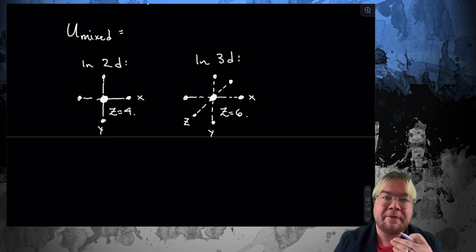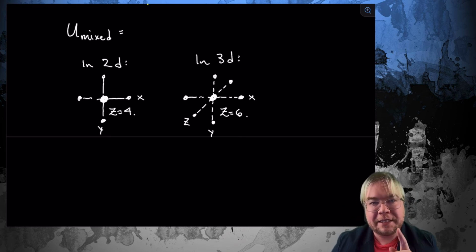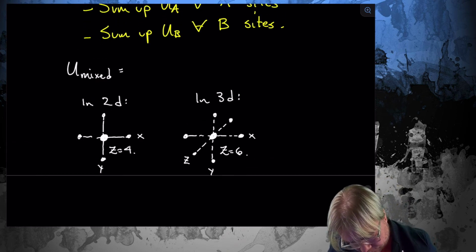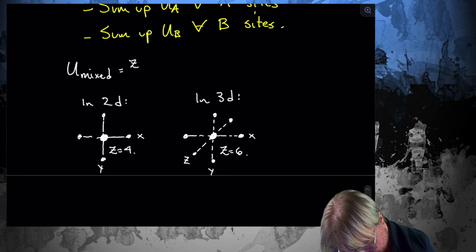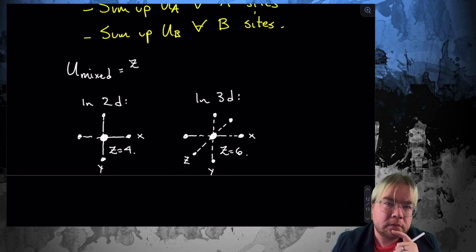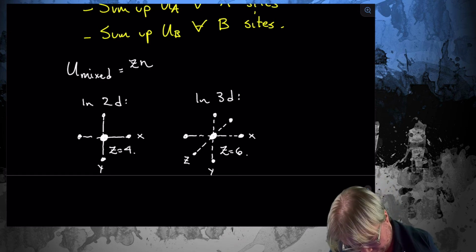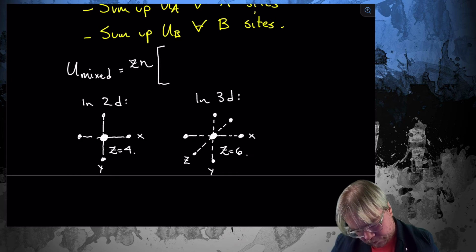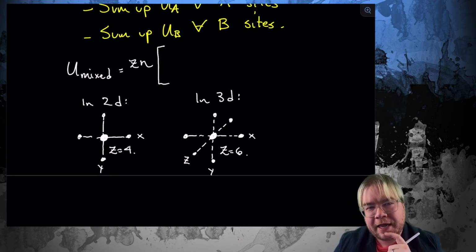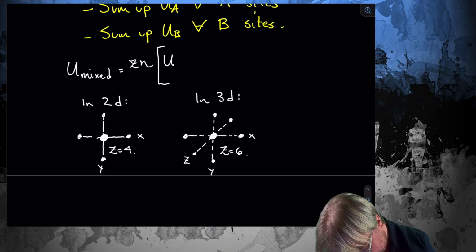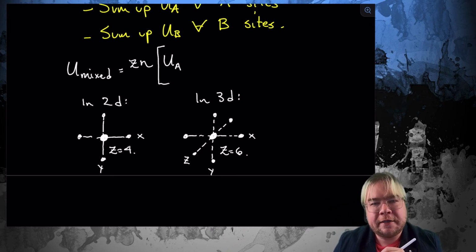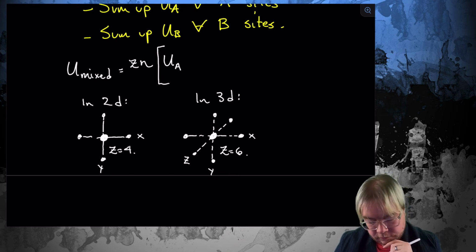Those are just kind of limiting cases. So this means that if I want to look at the total energy, then for each lattice site I have z neighbors. Now, how many total lattice sites do I have? I have little n total lattice sites, multiplied by the number of A particles, because this is the interaction energy for an A lattice site. How many do I have?